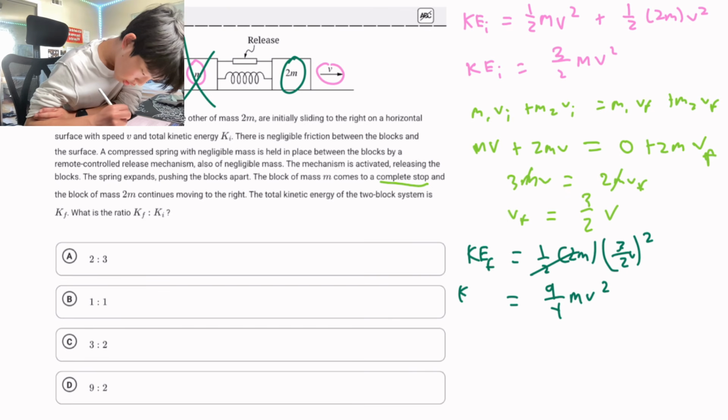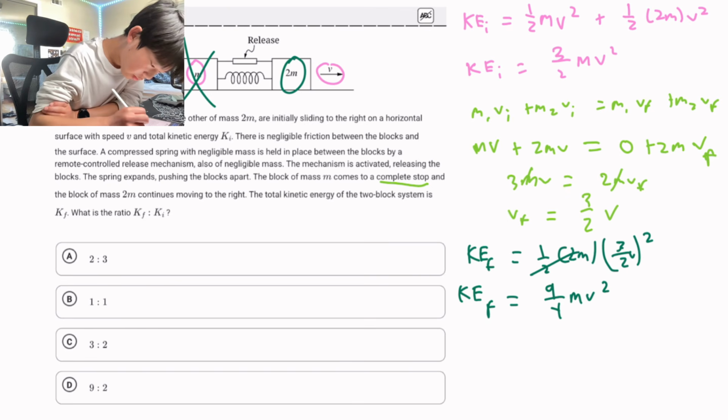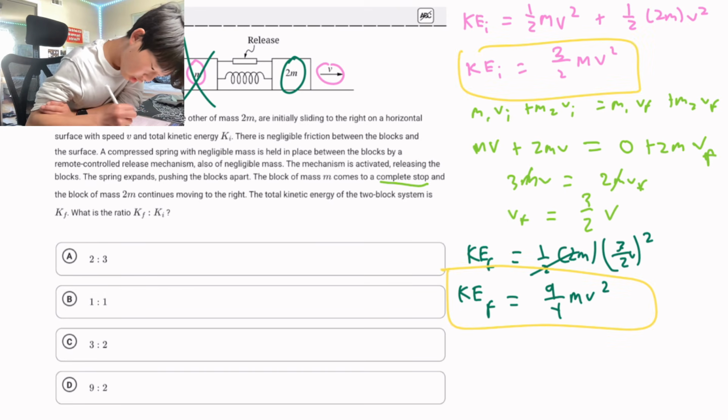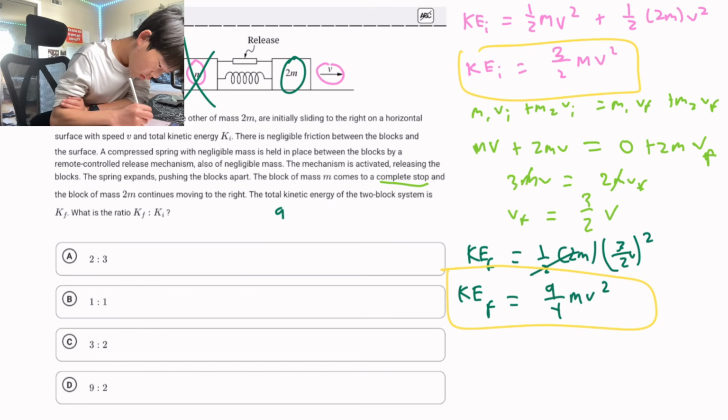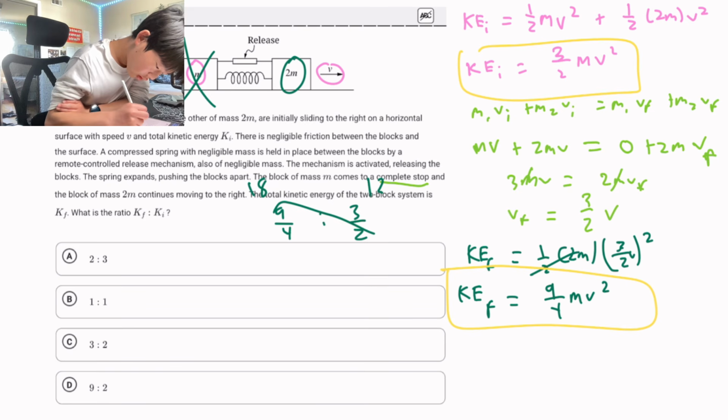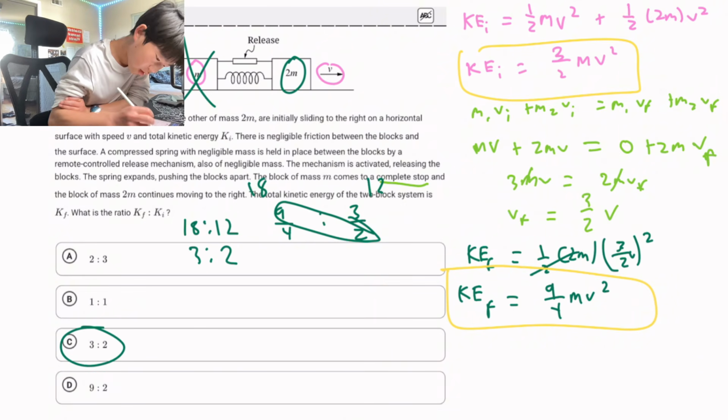So how do KE initial and KE final relate? 9/4 to 3/2 is the same as 18 to 12, because when you cross multiply and divide by 6 on both sides, that's 3/2. So that's our answer. Okay.